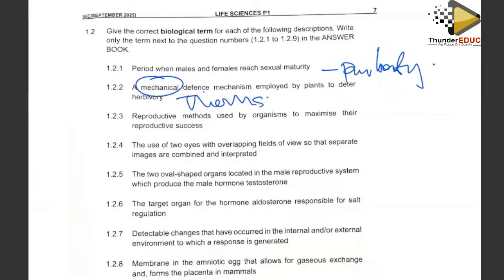I don't know why they use reproductive method. Yes, it is a reproductive strategy. I don't know how they're going to mark it, but it's a reproductive strategy to maximize the reproductive success of the organism. So we can say reproductive strategy.